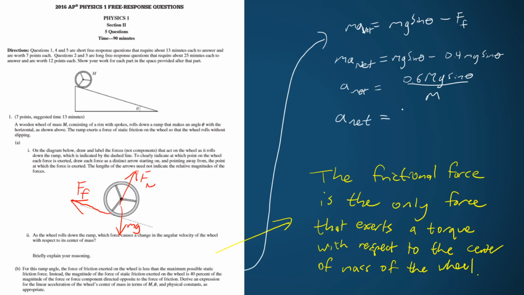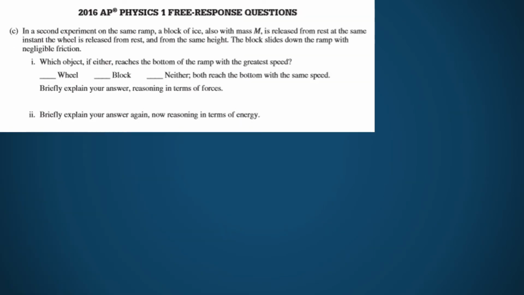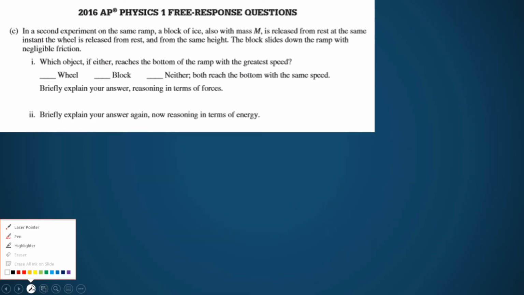So our net acceleration then is 0.6 g sin theta. Just double check. We need our linear acceleration in terms of mass, theta. Okay, we've got theta and any physical constants, so we're okay. Right?